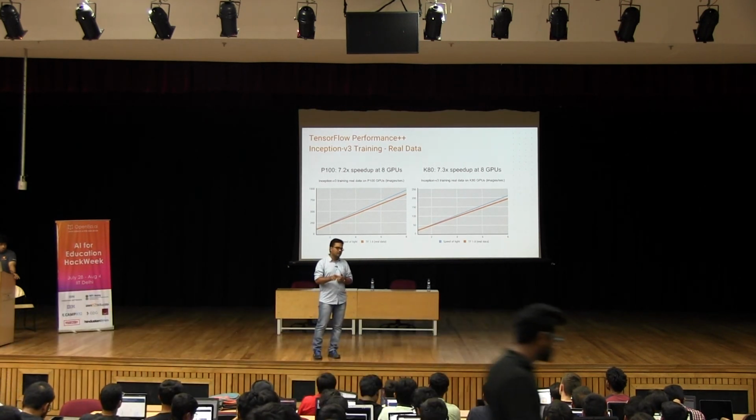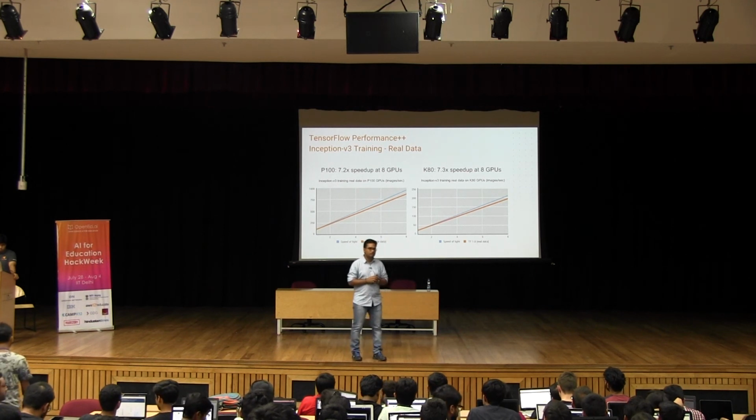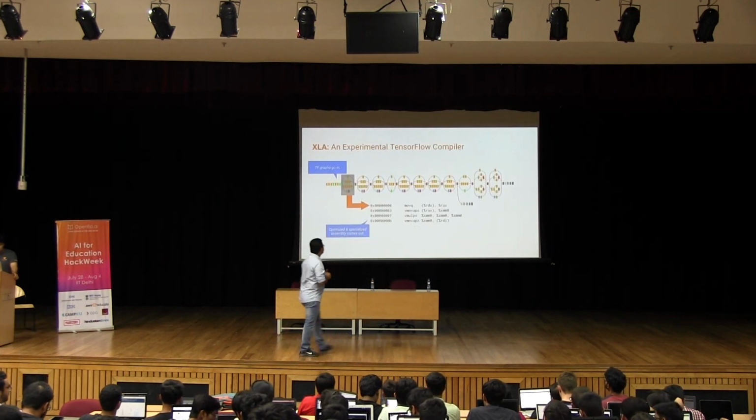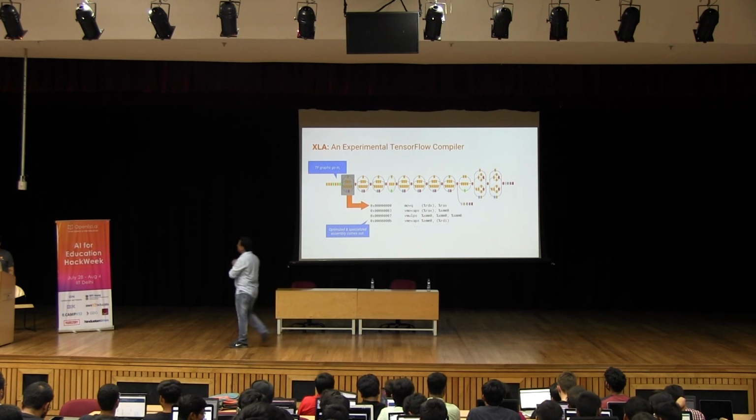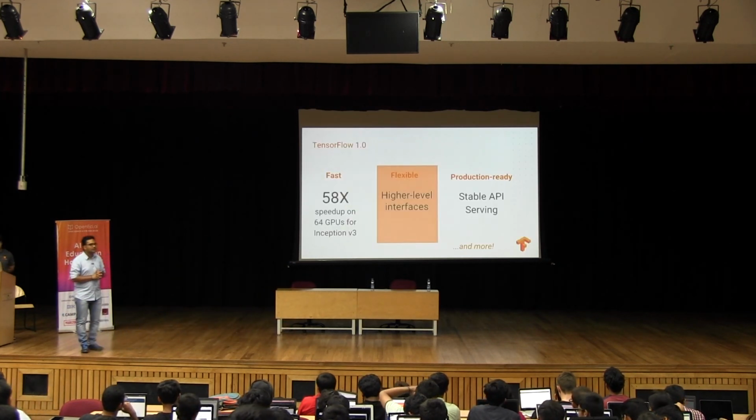And that is the same thing you get in TPUs, that is tensor processing units. Then there's an experimental TensorFlow compiler. Maybe we'll see more on it when we are looking at the code lab part of it.